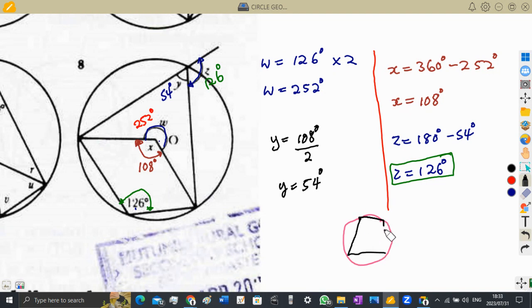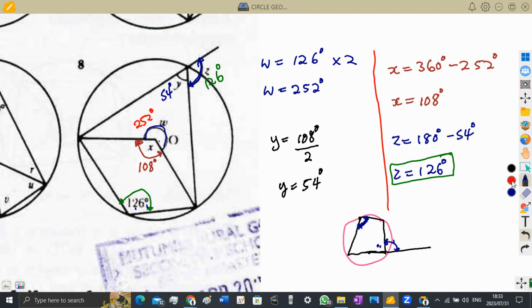If you are given a cyclic quadrilateral like this, if you extend one side like this, this becomes our exterior angle. So this exterior angle is equal to the opposite interior. This is the interior, but the opposite one, this is the one that we are relating. So these two, they will be equal. So exterior angle is equal to the opposite interior, which is this angle at this point. So if we check, this is exactly what is being proved here. The exterior angle is equal to the opposite interior angle.